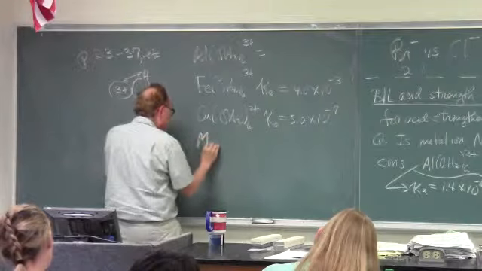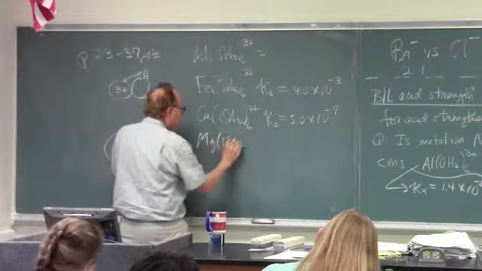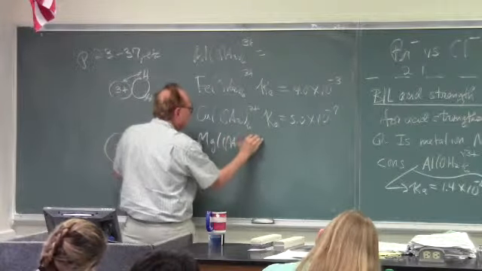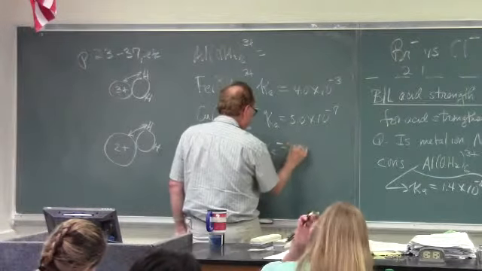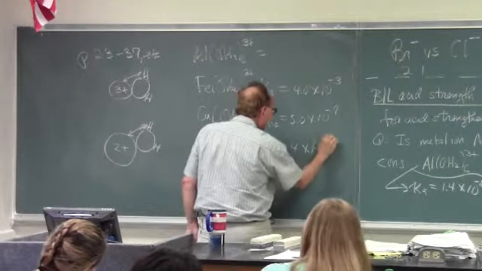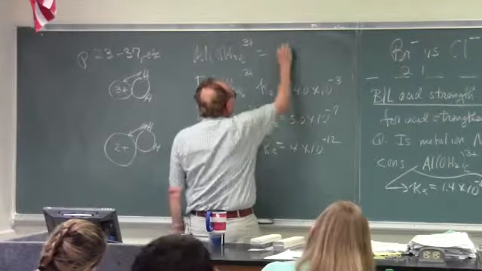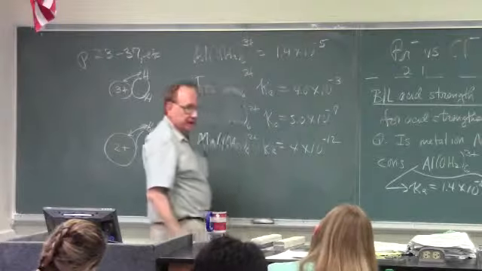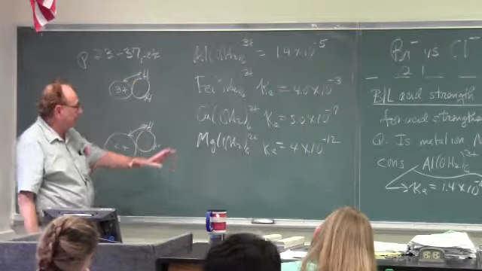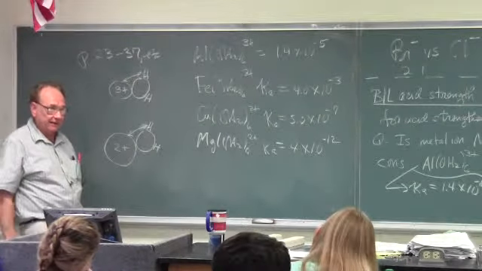All right, let's put this in here and make the comparison more meaningful. All right, now we got it. I made a mistake on my comment on the acid strength of copper.